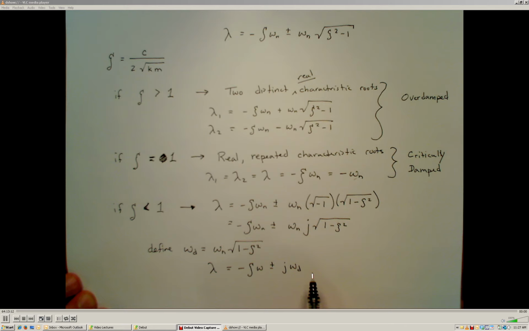So our roots are complex conjugate characteristic roots. And this is the case where we are going to call this underdamped.